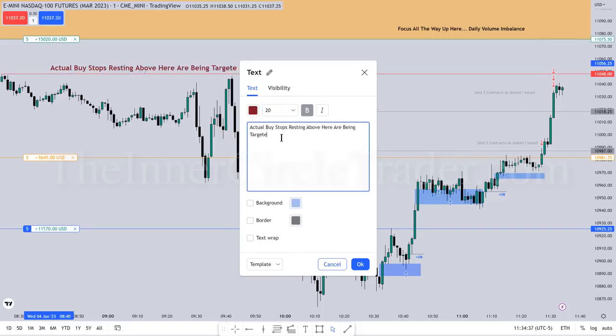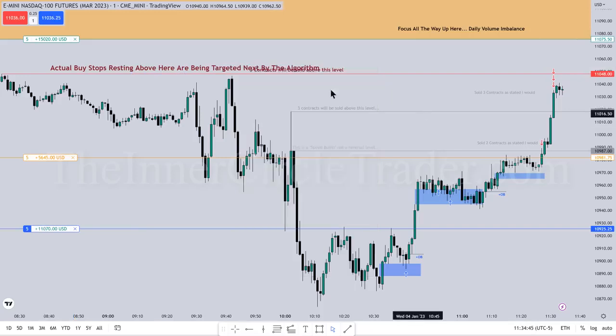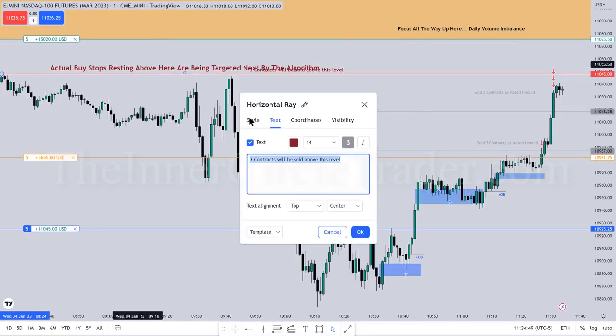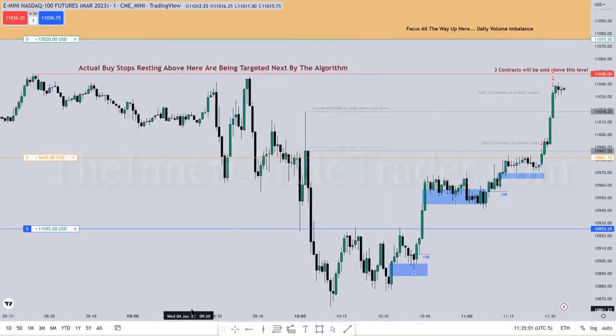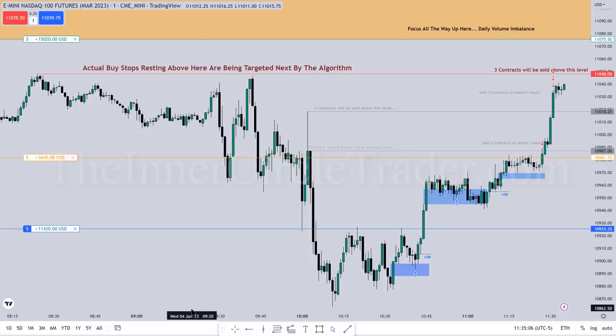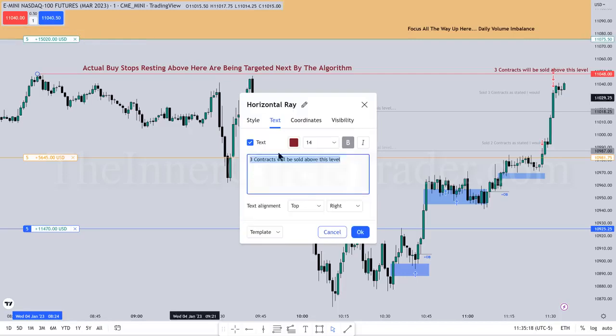It will come back in reverse, and I have to either exit the trade or maybe even retrace more, and allows me to add more. I'm not wanting to add anything here, but reminding you all here as viewers that there's actual buy stops resting above those relative equal highs, and they're going to be targeted by the algorithm.